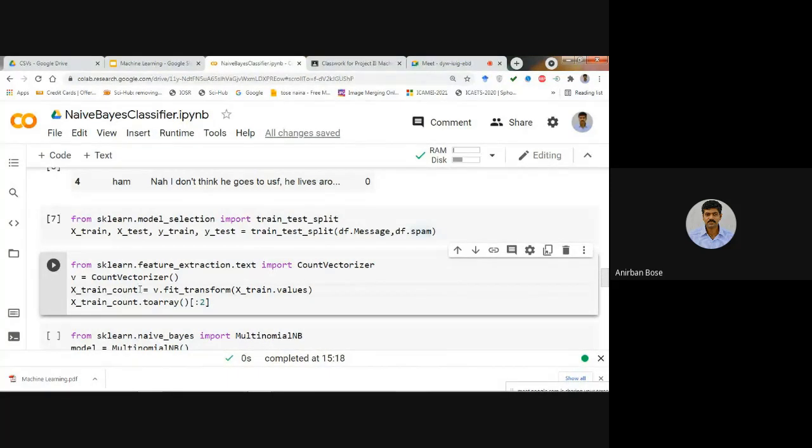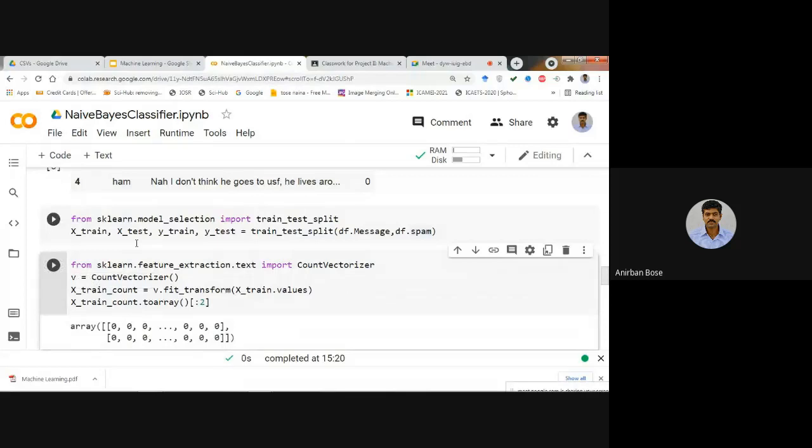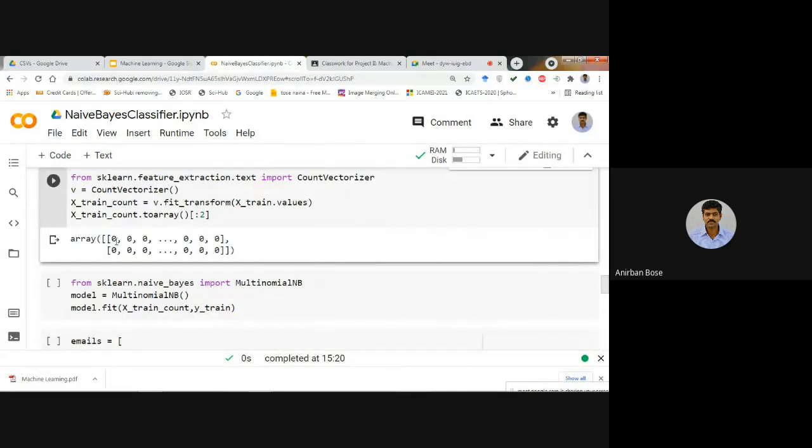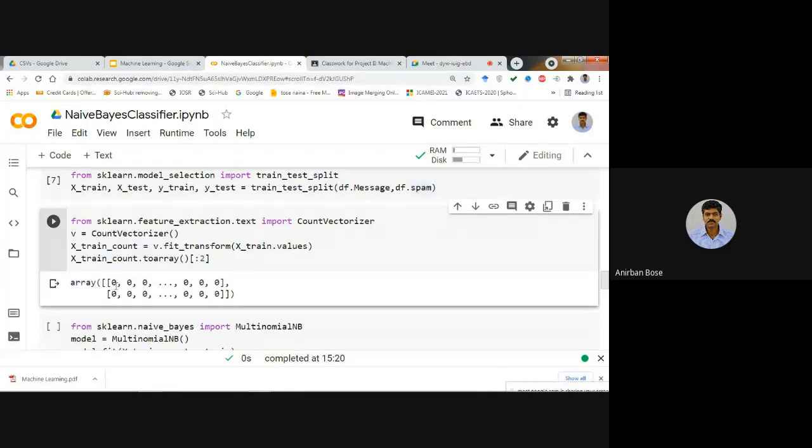Okay, so if you want to see how this matrix looks, if you execute this one, you see that 0 0 0 0 0 1, this kind of a thing will come. That means the value 0 indicates that if you consider all these words that are present, considering all the messages, maybe in the first message you will find that most of the words are not there, only 5 or 7 words are there in the first message.